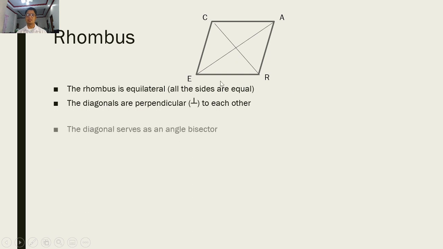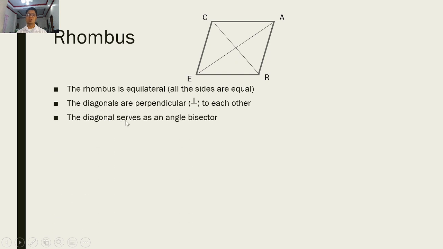Aside from this, the diagonal serves as an angle bisector. So coming from this vertex up to this vertex, we have a diagonal. If this is 45 degrees, when the diagonal passes through, the 45 is divided into 2 equal parts. Which means this will become 22.5 and the other half, 22.5.